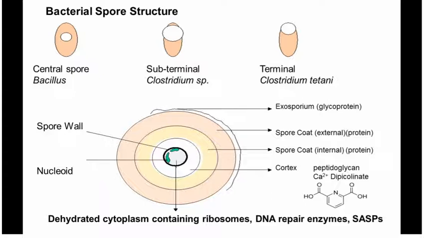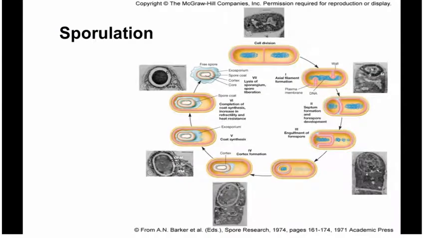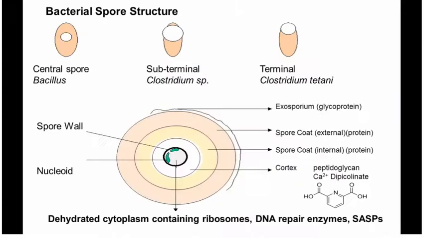DNA repair enzymes start getting to work, repair any damage to DNA, because this spore might have been dormant for several years. Even if it's very resistant, you could have some UV radiation coming to damage DNA from time to time. And then the bacterium will start to grow. So those are the events inducing sporulation and inducing germination.